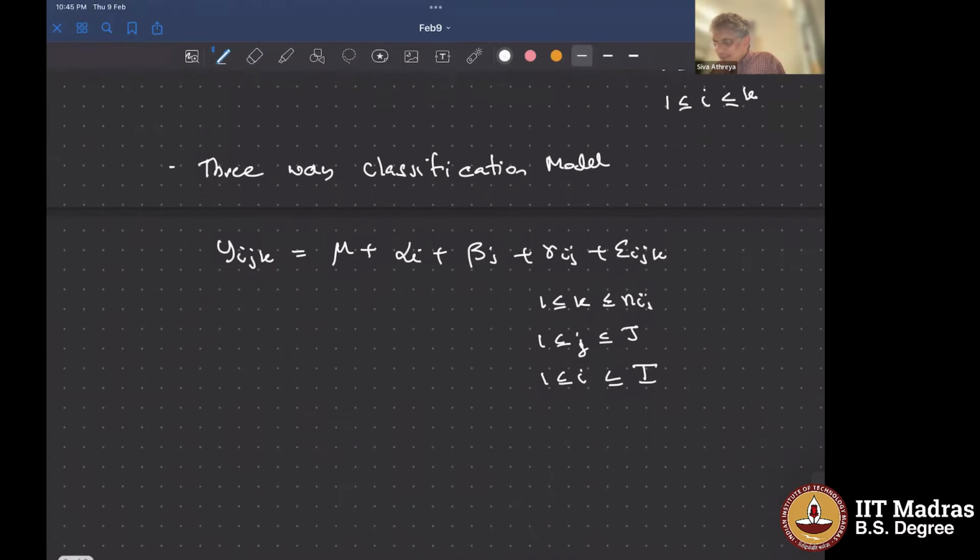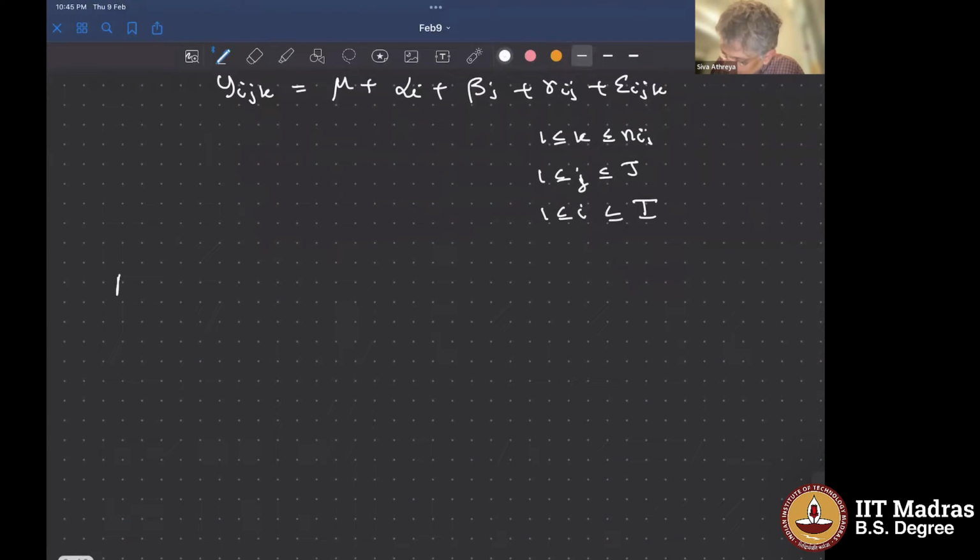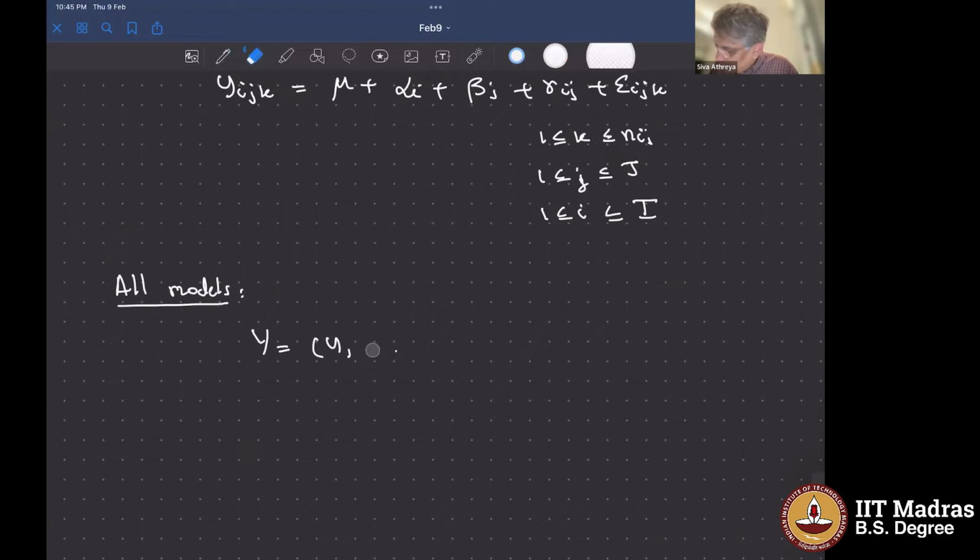What's unique about this is that all models, as discussed before, can be represented in matrix notation. I'll call y as y_1, y_2, all the way to y_n, whole transpose.